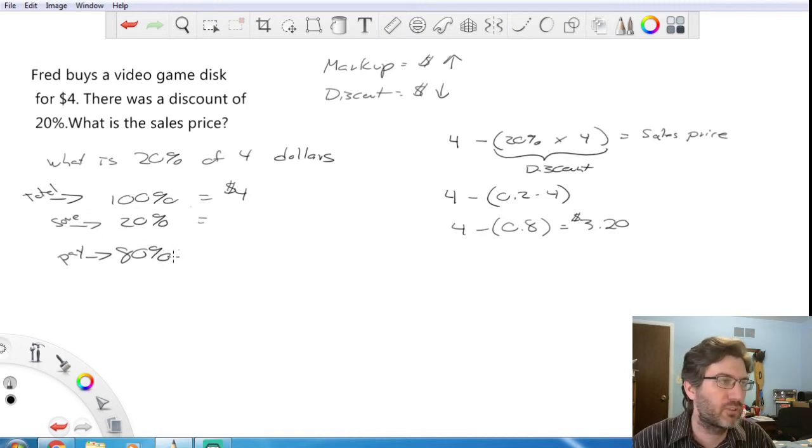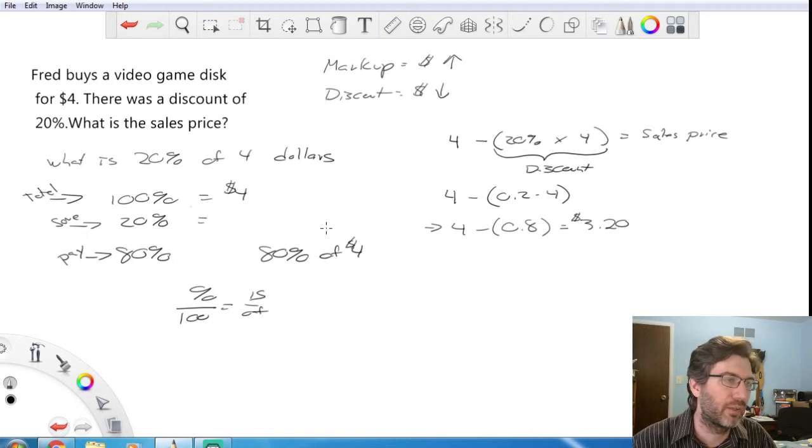So what's 80% of the whole cost? It would be how much I'm paying of it. So then you just do 80% of 4, which jumps you right to this step here. So 80% of $4. And again, if you want to rewrite things like this, that's fine. Then you can plug it into percent over 100 equals is over of, if you really wanted to.